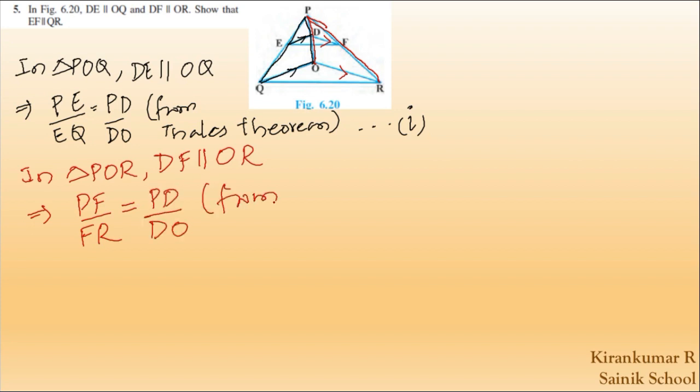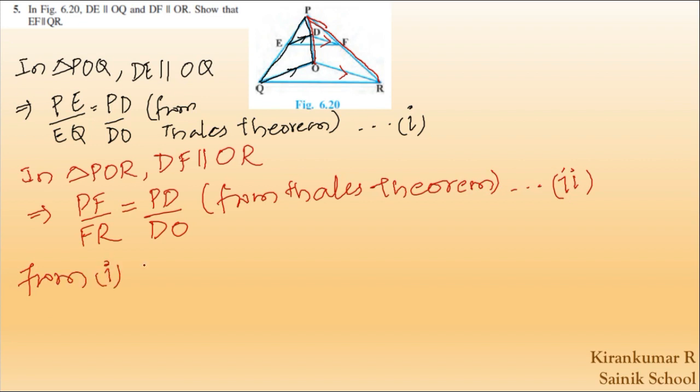This is again from Thales' theorem. Let me call this as equation 2. From equation 1 and 2, we get PE upon EQ equal to PF upon FR.